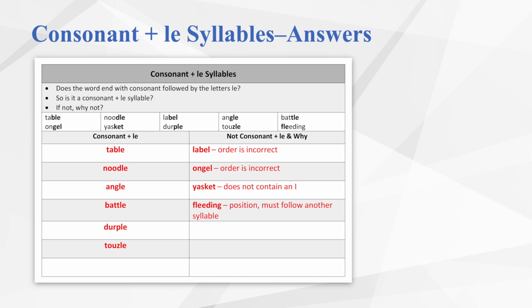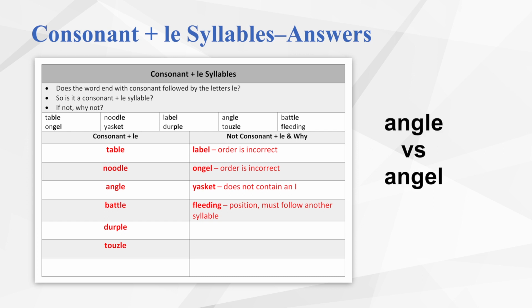BLE would be consonant LE, but BEL is not. Same with ongle, not in the right order. Yasket, that one is easy, there's no L. Fleeting, although the FLE at the beginning was bolded, consonant LE can never be the first syllable in a word, so it's in the wrong position.